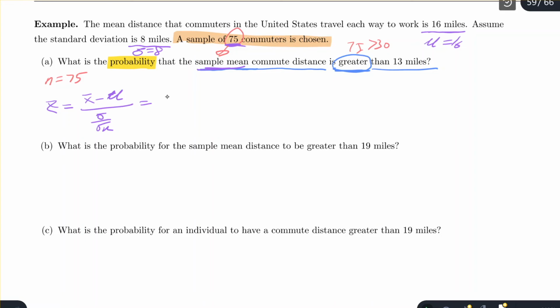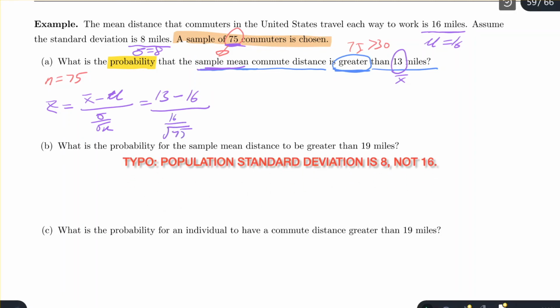Well, x bar is 13. This is the x bar value, 13, minus the population mean, 16, divided by the standard deviation, 8, divided by the square root of 75. Now, let's organize this a little more. We have to be careful here.